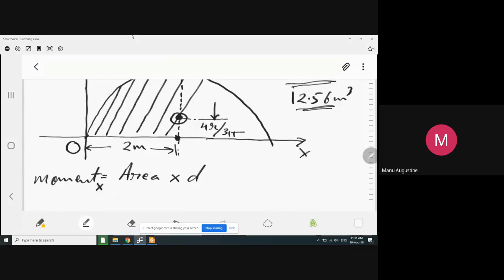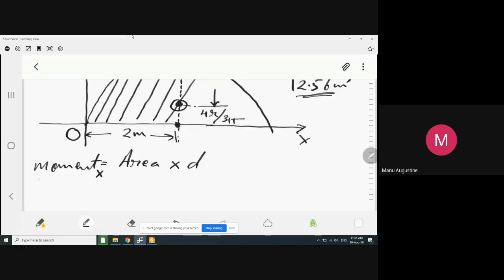Now the question has been changed. Please try to understand. Now I'm asking you the moment of this area about the x-axis. Now I expect everybody to give the correct answer. Again, the formula remains the same: area multiplied by the distance of the centroid from the x-axis.